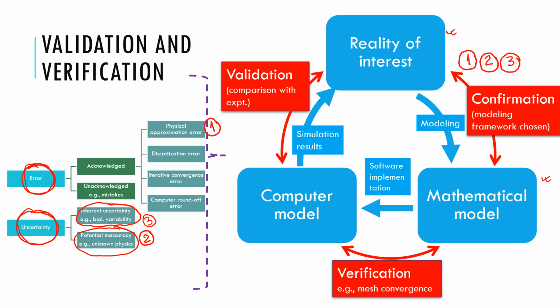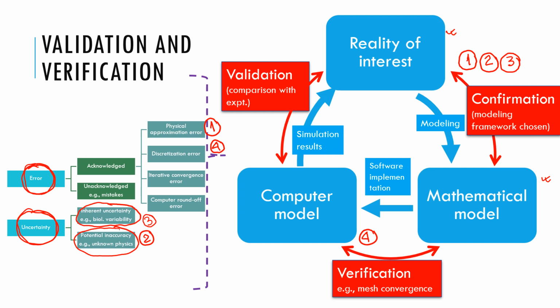Back to errors. This time, discretization error has to do with how we solve the governing equation and boundary conditions. The fact that we discretize the equations and solve numerically means we're making this discretization error. So that comes here.